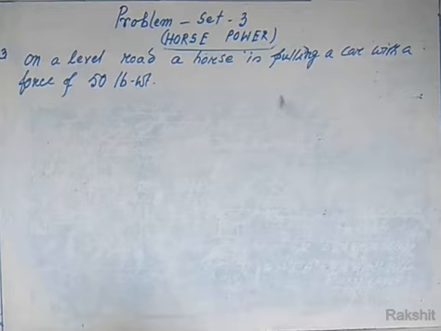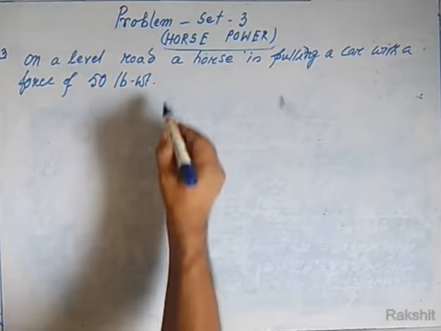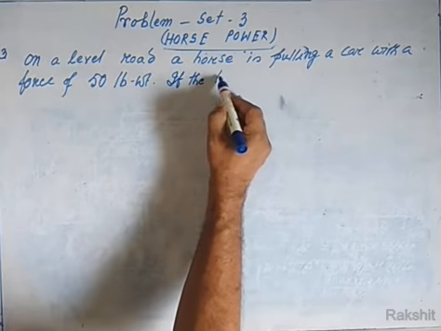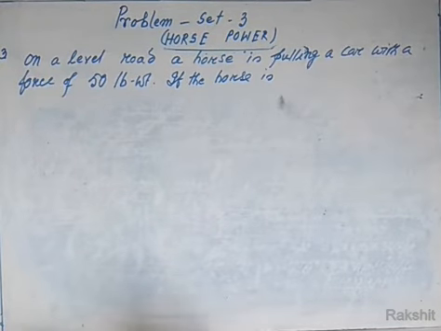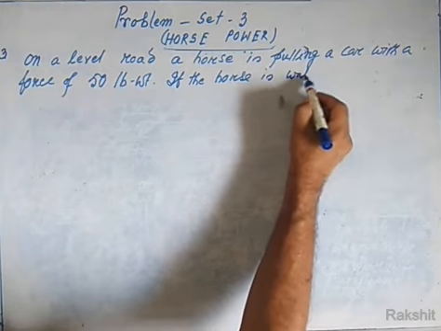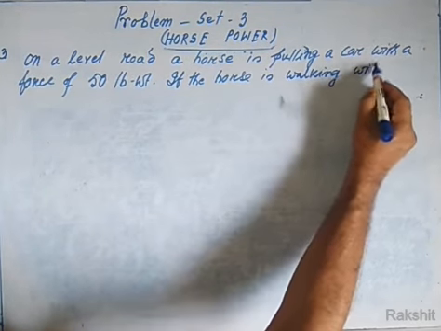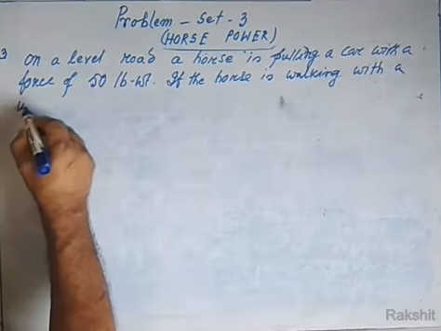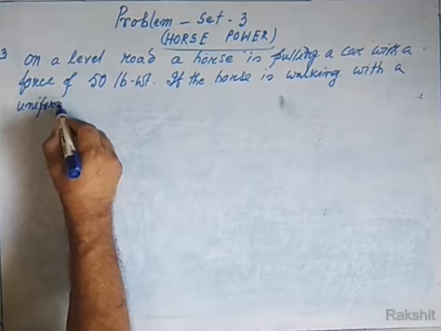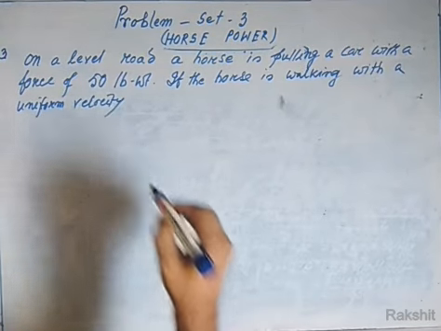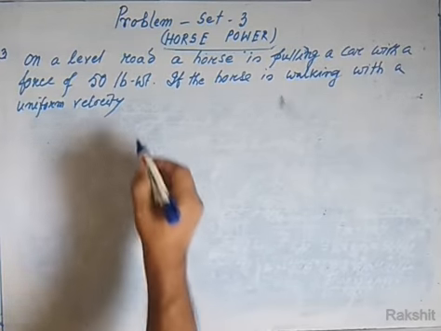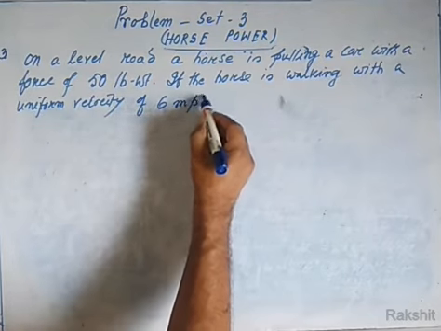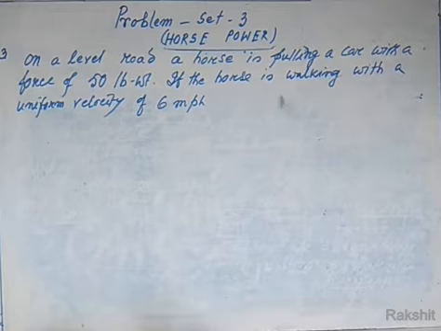If the horse is walking with a uniform velocity of 6 miles per hour, mph. Calculate the horsepower developing.